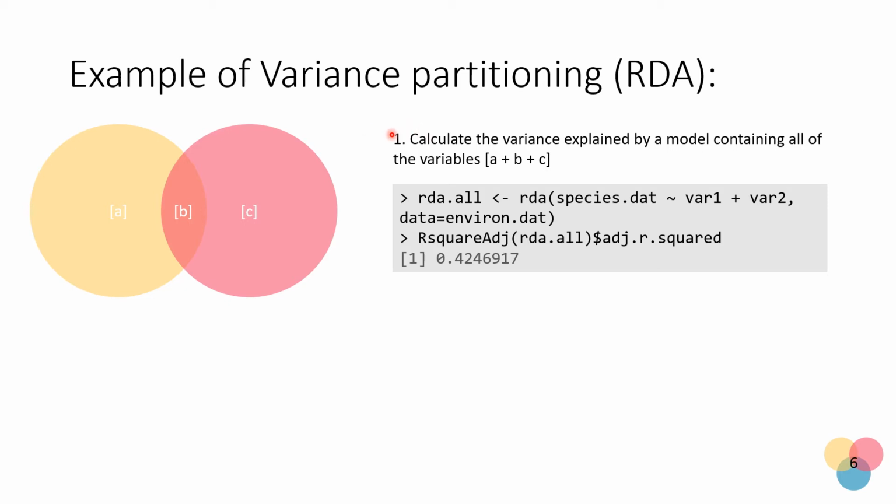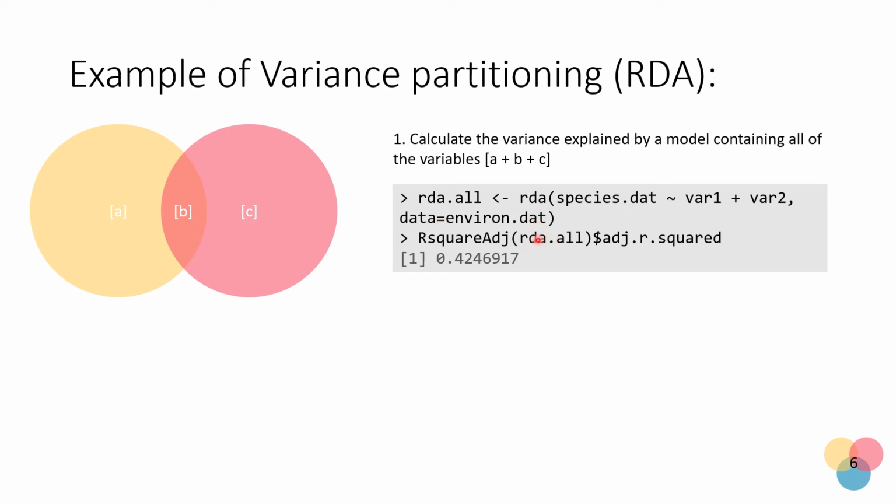When we calculate the variance for our full model, the model containing all of the variables, we are calculating fractions A, B, and C, which are labeled here in the Venn diagram. And the code for how you do this is shown right here. You do an RDA, and then you extract the adjusted R squared.